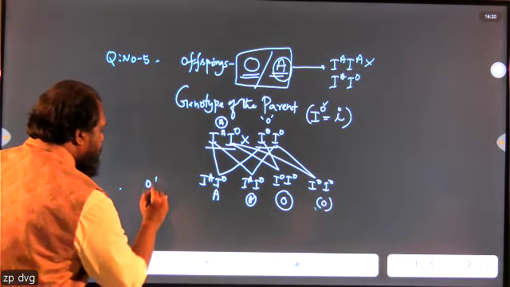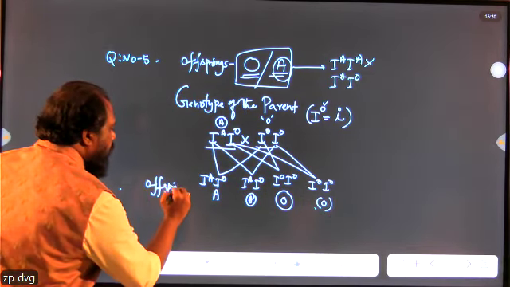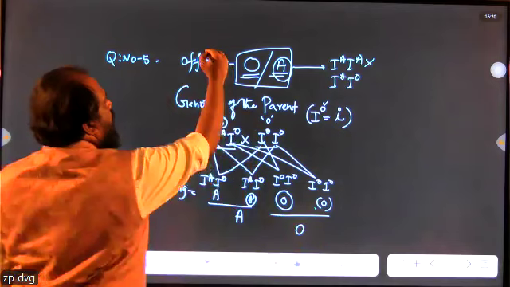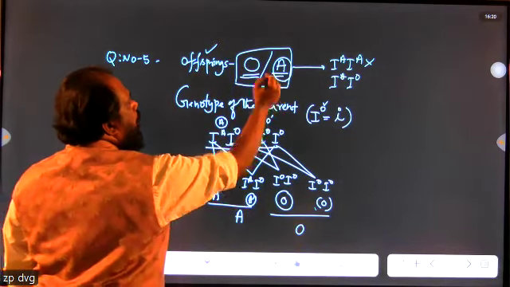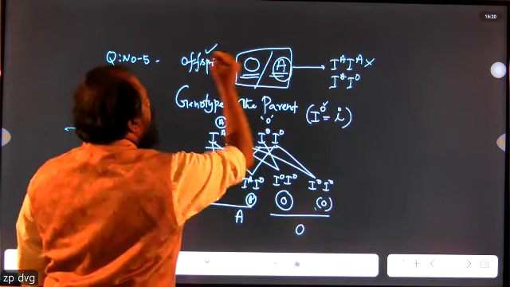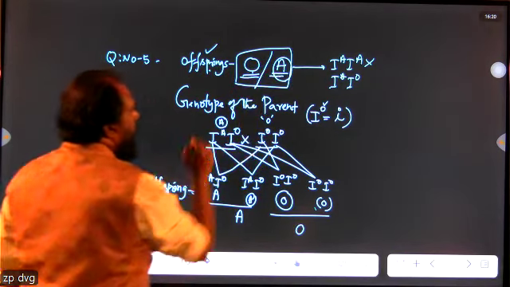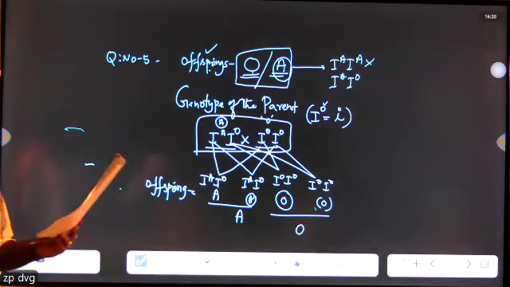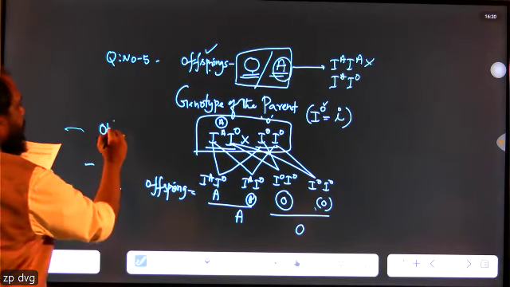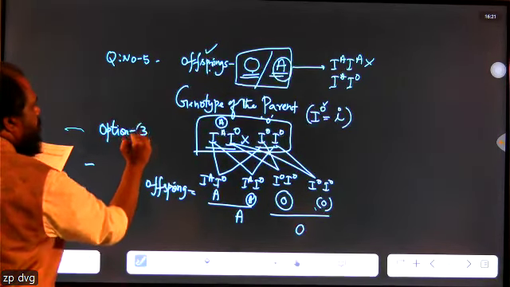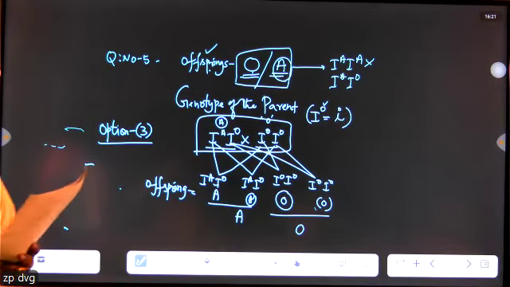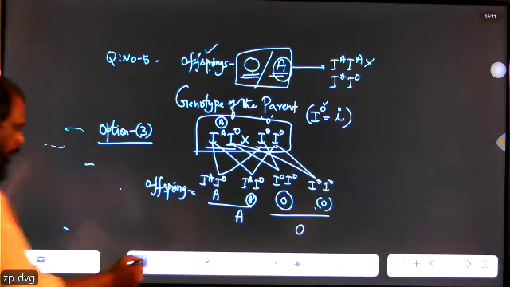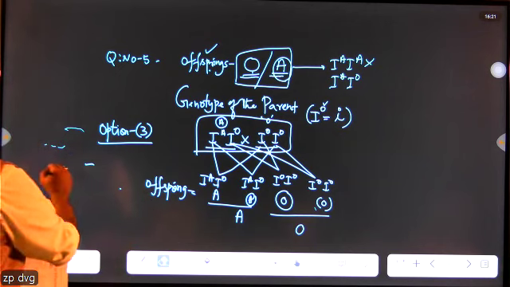So when you look at the offspring, they have only A blood group or O blood group. So if the offspring have only O and A, the genotypes of the parents are supposed to be IA IO and IO IO, which is option 3. Hope you understood this question. Question number 5. Let's go to the next question.